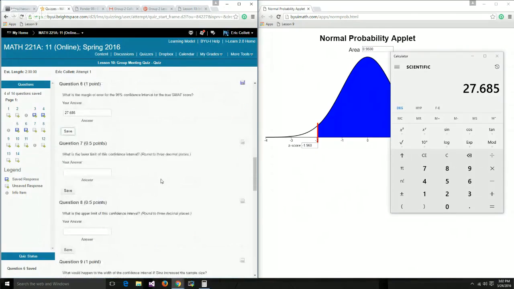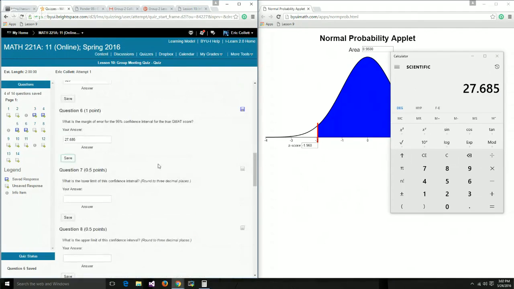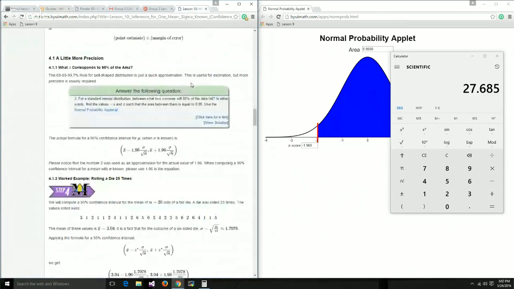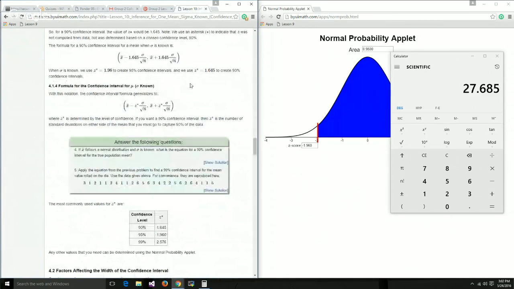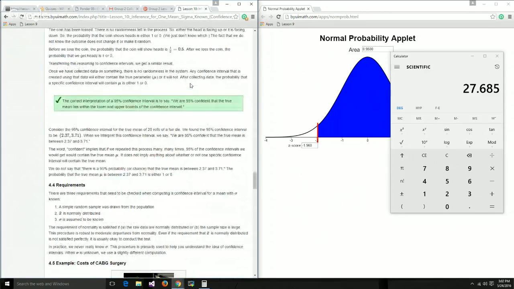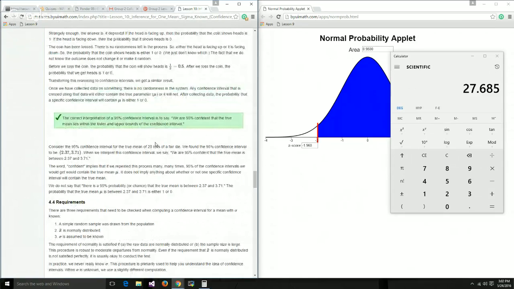Okay, cool. Then it asks what the lower limit of this confidence interval is. So we'll just subtract that from the 526, right?